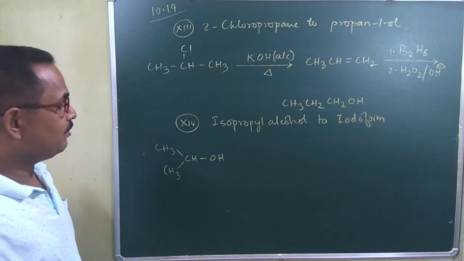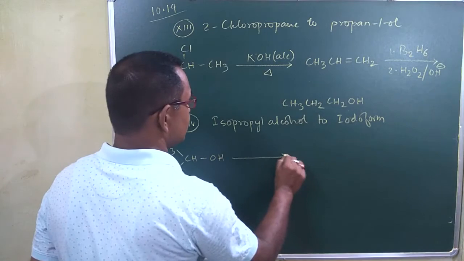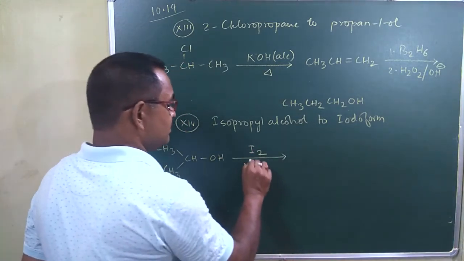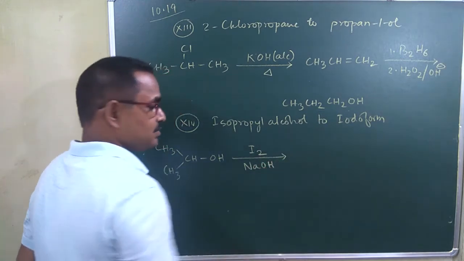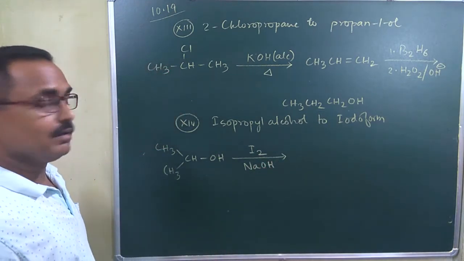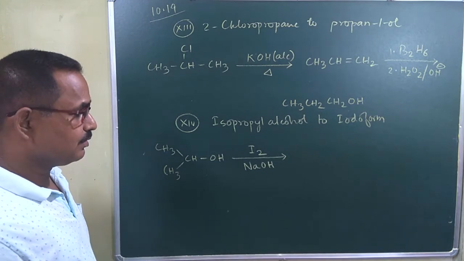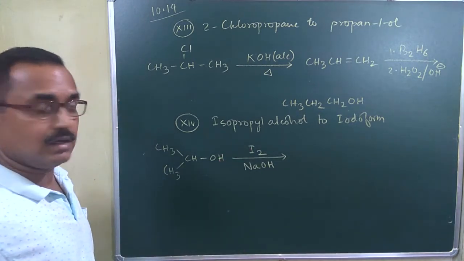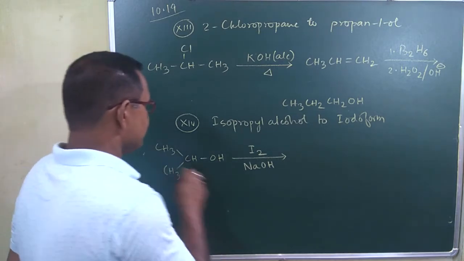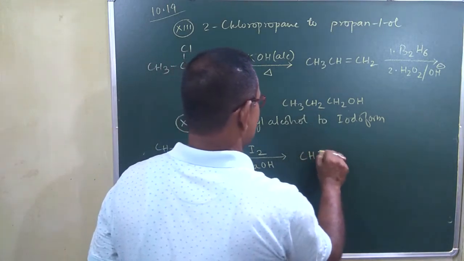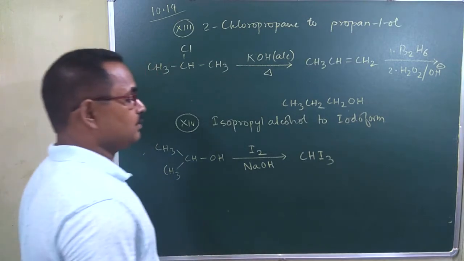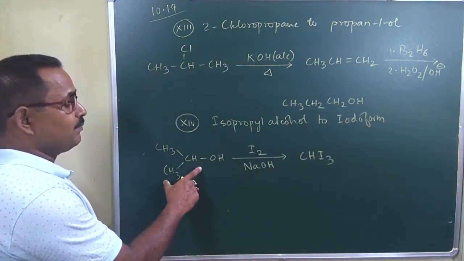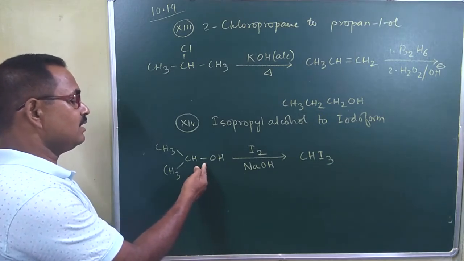So such a compound when treated with halogen in presence of sodium hydroxide solution, haloform is produced. Okay, if we use iodine, then the reaction will be called iodoform reaction. So in this case, iodoform will be produced. Isopropyl alcohol on oxidation will give acetone.